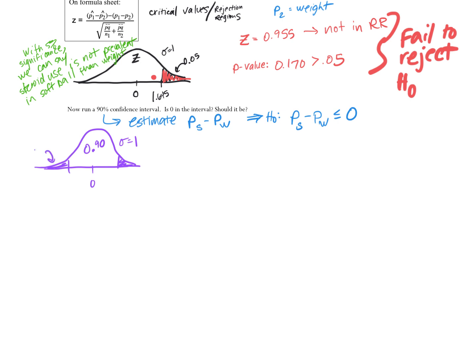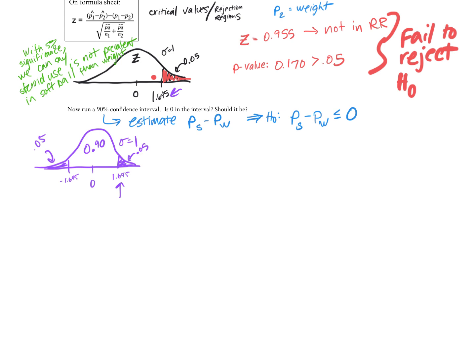In this case, this is 0.05. This is 0.05. Based off of this picture, what is this value? Do you see on the right side, this is the exact same picture, okay? And then the opposite side. So as long as my picture and these critical values match, the test and the interval will come to the same conclusion, okay?